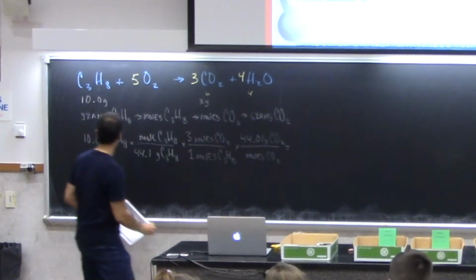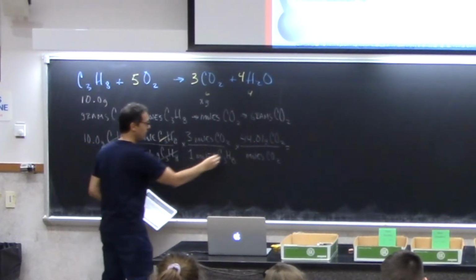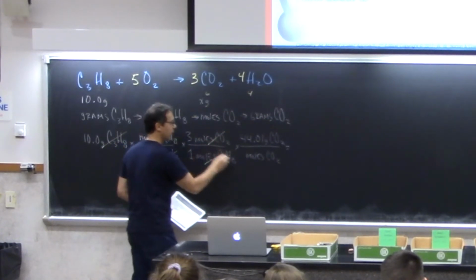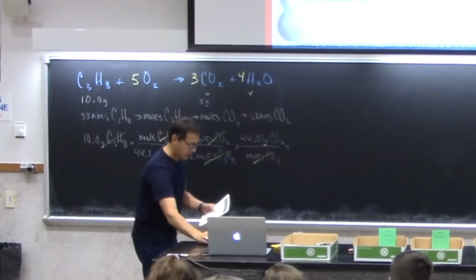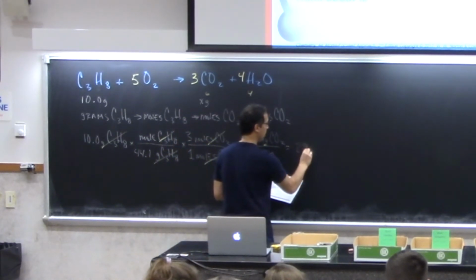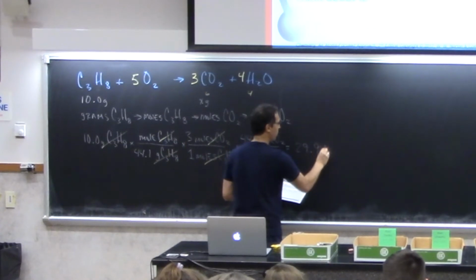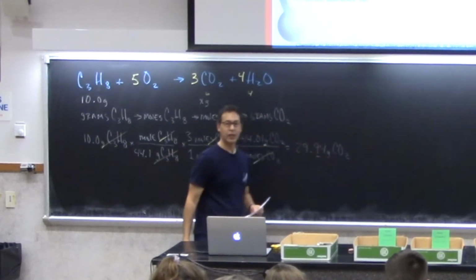And so our grams of propane cancel, our moles of propane cancel, moles of carbon dioxide cancel, and we're left with grams. So then, doing the math on this, I ended up with 29.94 grams of carbon dioxide.